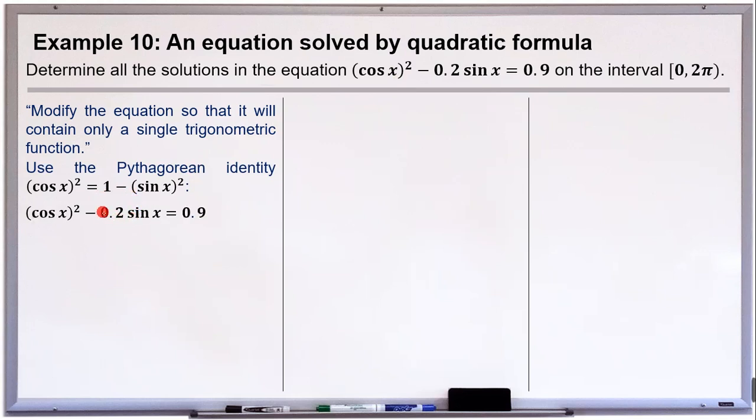The equation expressed in this form becomes 1 minus sine x squared minus 0.2 sine x is equal to 0.9. Now we are going to multiply both sides by -1. So we have here positive sine x squared plus 0.2 sine x minus 1.